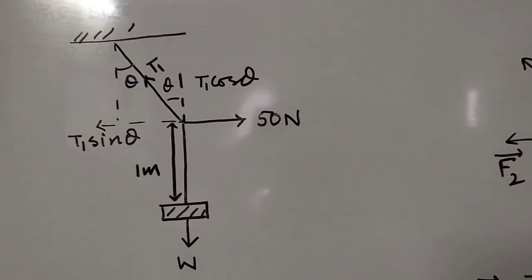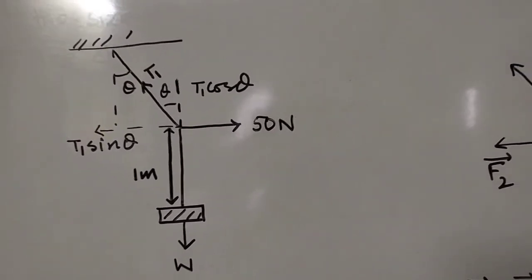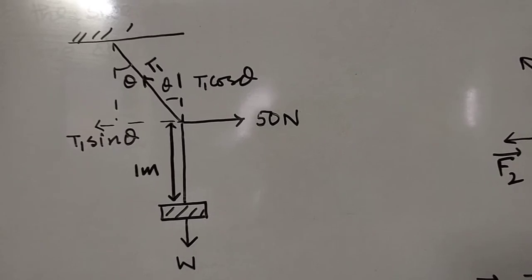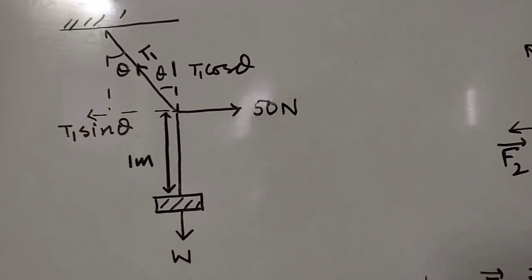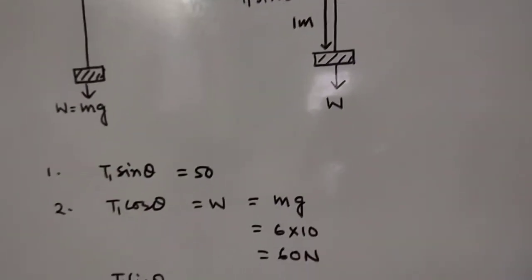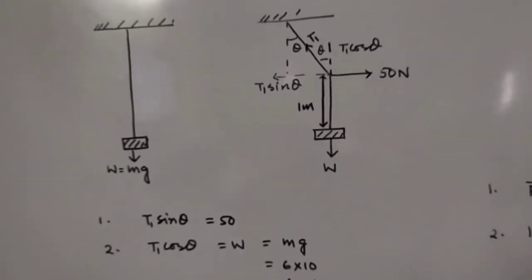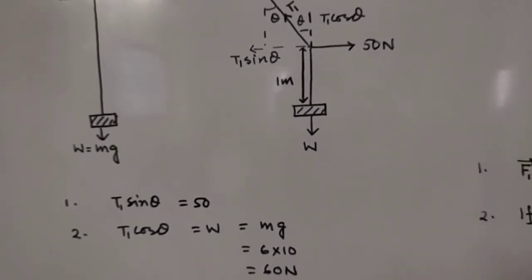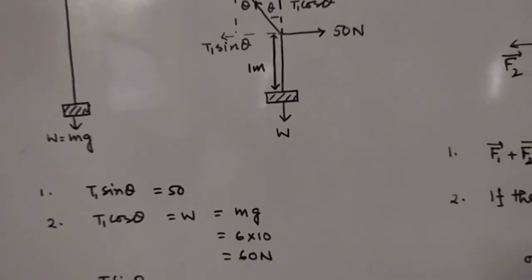So you can say that if the system is in equilibrium, then T1 sin theta balances 50 Newton and T1 cos theta balances the weight. So let me write T1 sin theta equal to 50 Newton and T1 cos theta equal to weight.